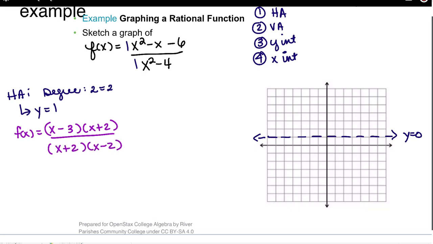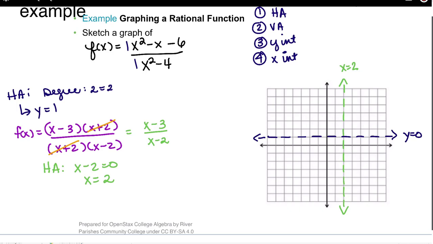So it looks like these two cancel, and that leaves x minus 3 over x minus 2. So there's a vertical asymptote where x minus 2 equals 0. So there's a vertical asymptote at x equals 2. So at x equals 2, I'm going to draw a dotted line and label that x equals 2.